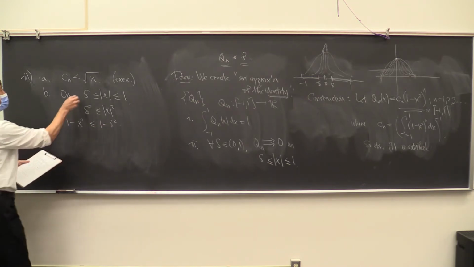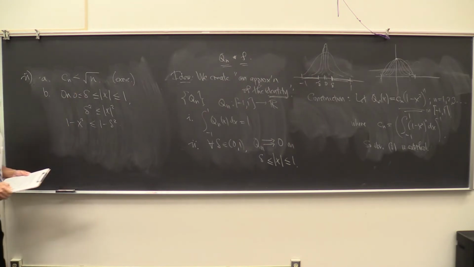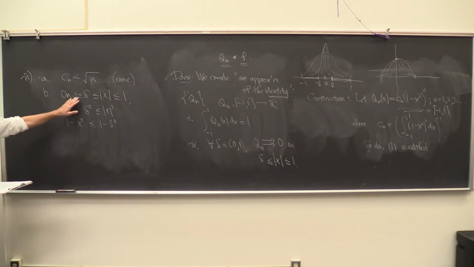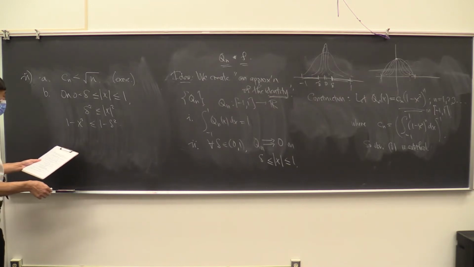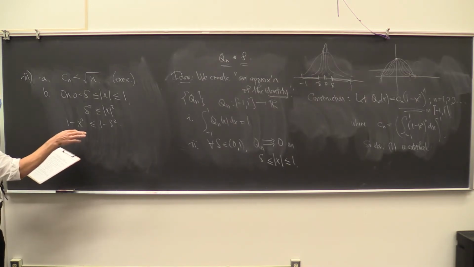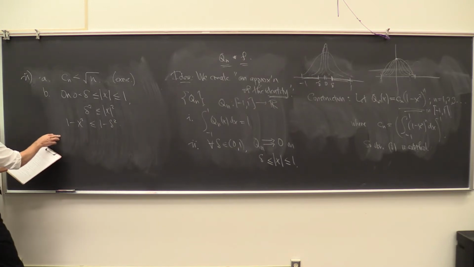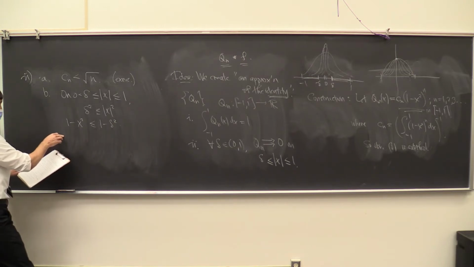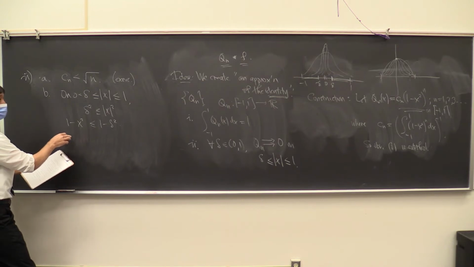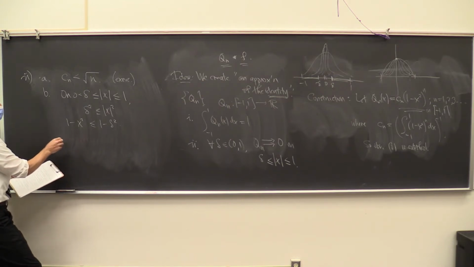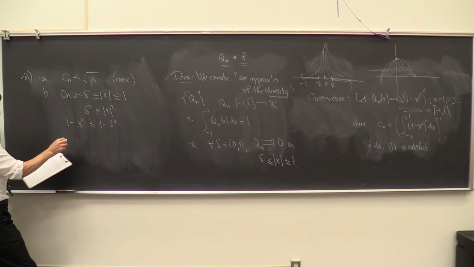Delta is bigger than 0. So what does that tell us? Remember what our Qn is.